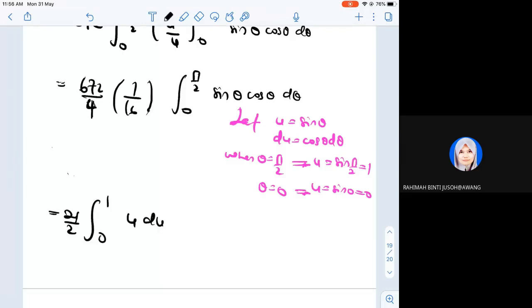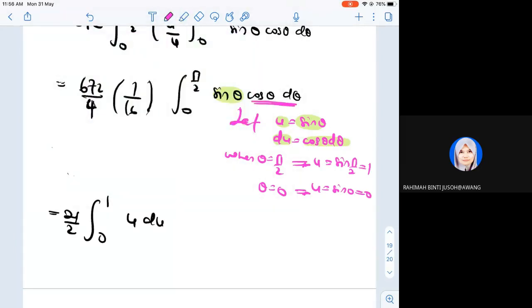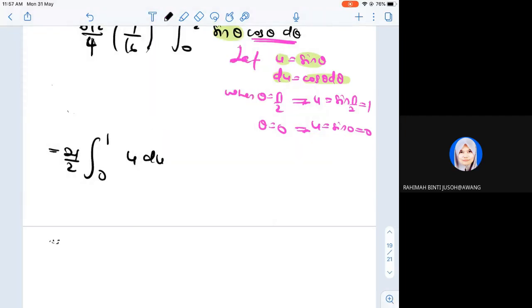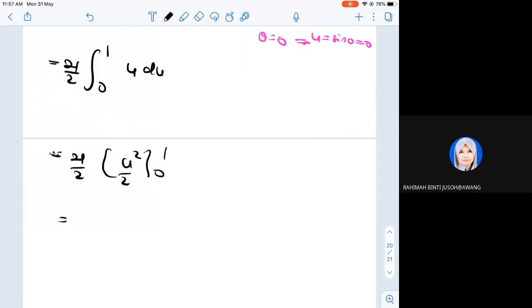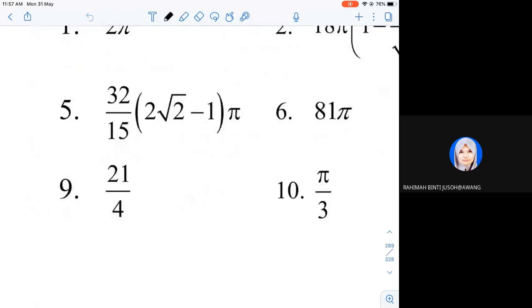This is nice, because u equals sin theta here, so du is cos theta d theta. So automatically this is du. Differentiate u du, we will get u squared over 2. Substitute 0 and 1. So we will get 21 over 4. This question is nice. Question number 9, okay, yes. 21 over 4.